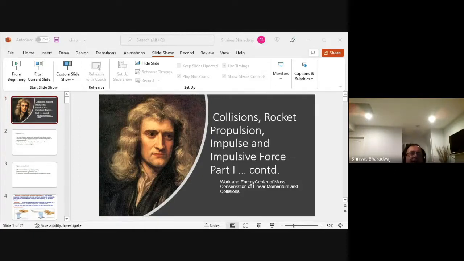M times V gives you the total momentum of the entire system of particles as well. Remember, when we talk of sums of these vectors, the sigma is independent of location. So sigma m v equals m1 v1 plus m2 v2 up to mn vn.